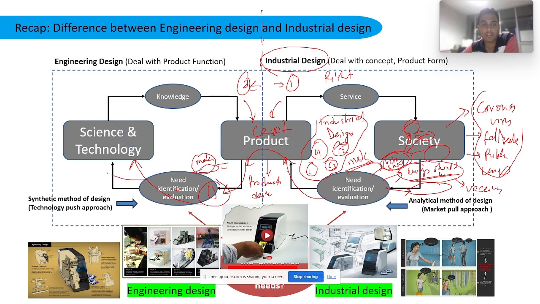If it is a vaccine, you need to go for biotechnology, and then with that knowledge you try to solve the problem and you have the product. So this is another example, just to give a rough idea about what is engineering design and what is industrial design.